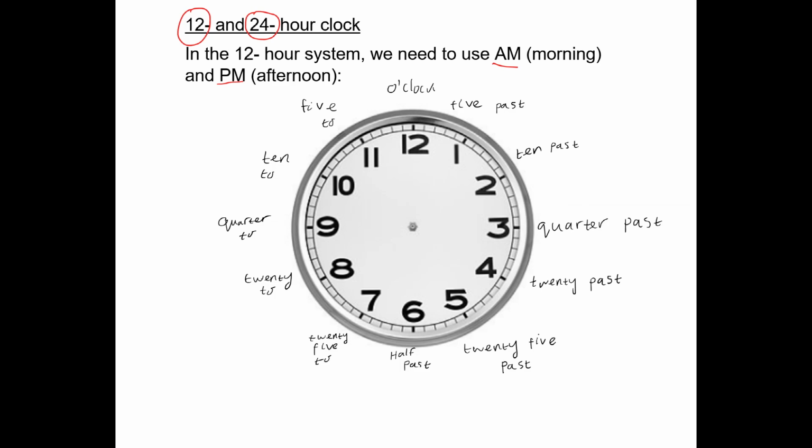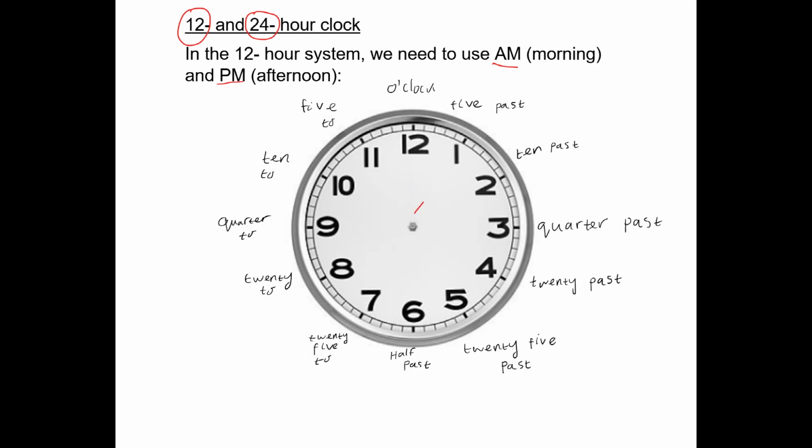If you have a look at the analog clock that I've drawn, when the large hand is pointing at any of these numbers, you'll read it off as follows. So, for example, if we had the large hand at 12 and we had the small hand at 1, it would be 1 o'clock.